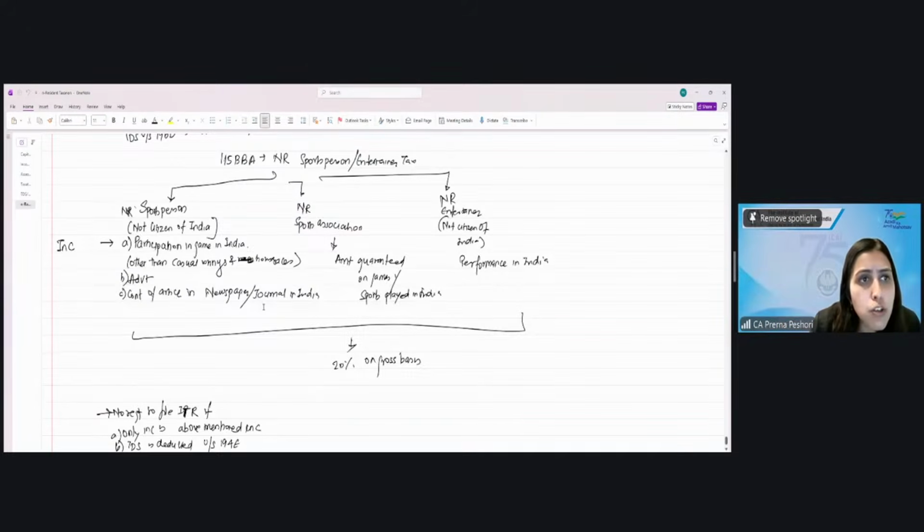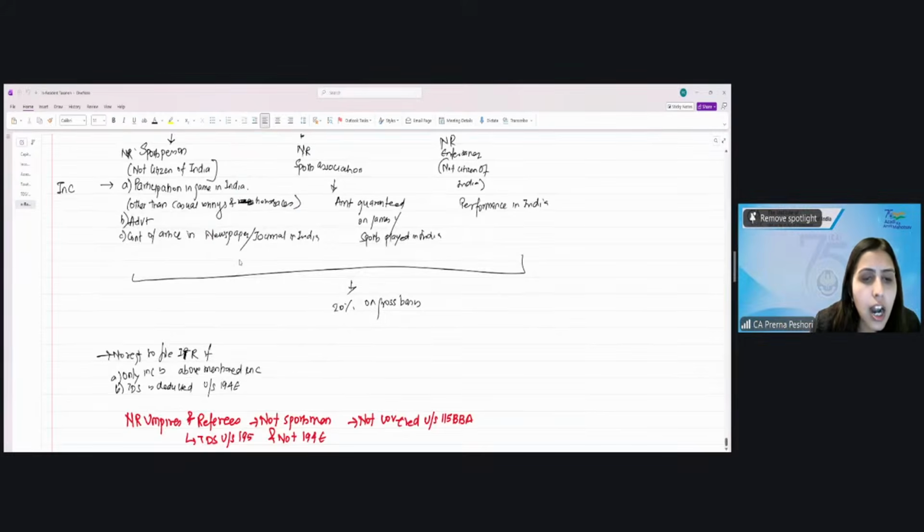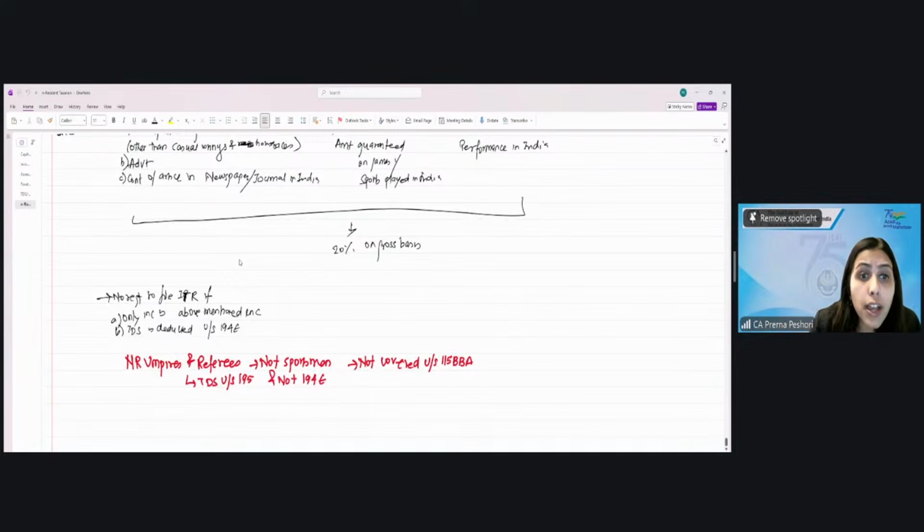The TDS will also be there under 194E at the rate of 20% on the gross basis plus surcharge and cess. Okay. Now, whether umpires and referees are the sports person, the court has clarified that the umpires and referees are not sportsmen.